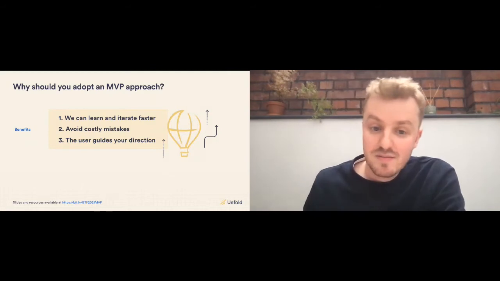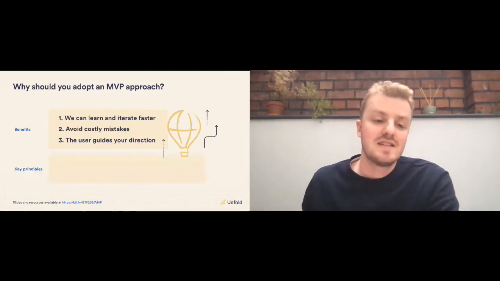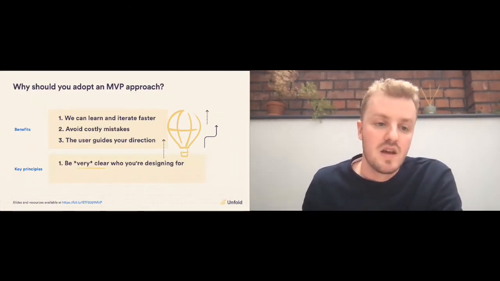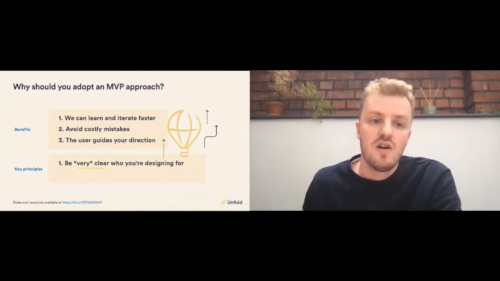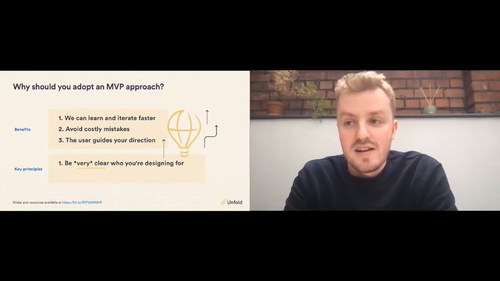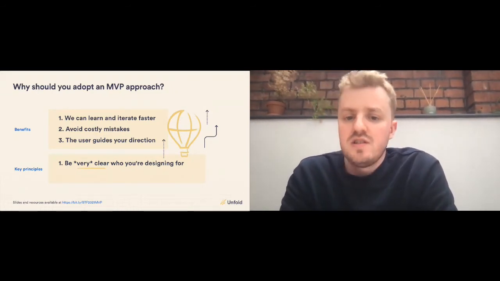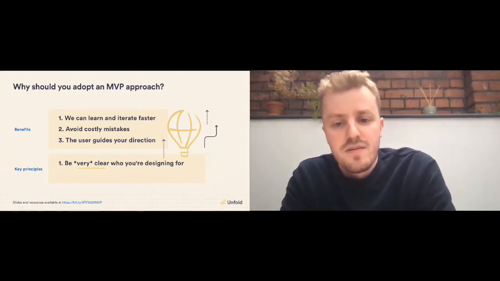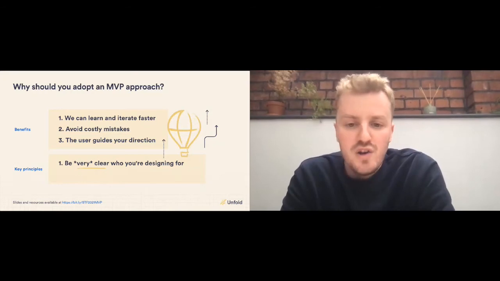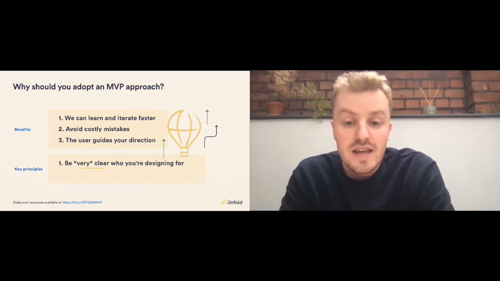A couple of key principles as well to think about. So the first one is that you need to be super clear who you're designing for when you're talking about MVPs. More often than not, you can fall into the temptation of designing something which is okay or good for a large group of people or a subset of people, but not excellent and not really, really good, and something that people can get passionate about.